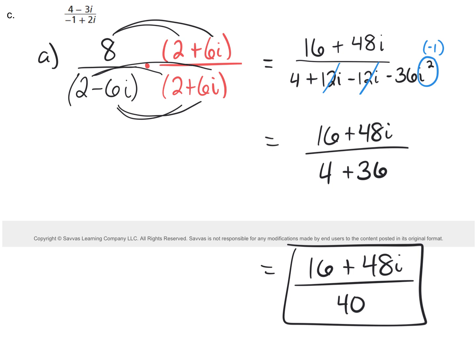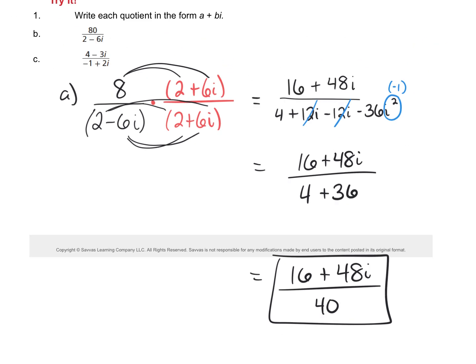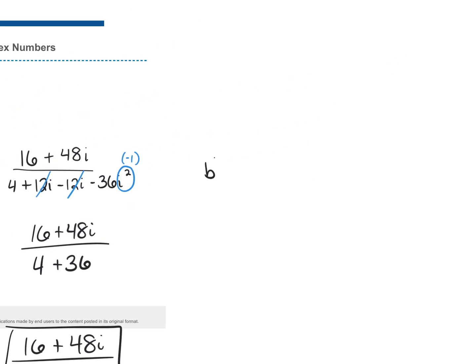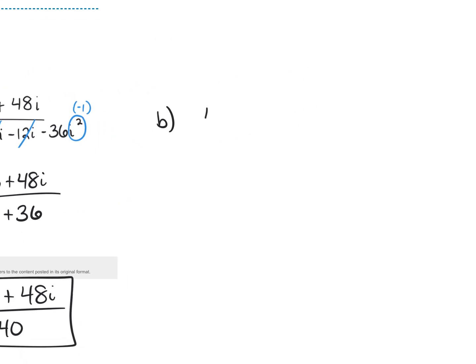Okay? Next is on this page. So that part B says 4 minus 3i over negative 1 plus 2i. Real quick to get you started, what are we going to multiply by?